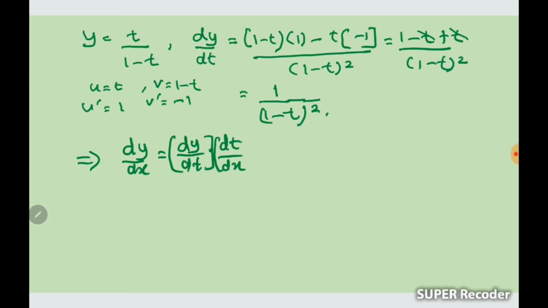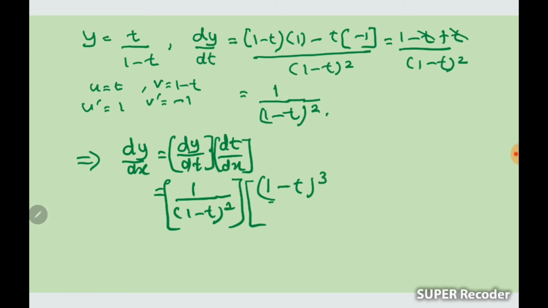You have to multiply these two derivatives. So dy/dt is equal to 1 over (1 minus t) squared. dt/dx, we have, before we find out what is dx/dt, there is (1 minus t) to the power of 3 over 4.